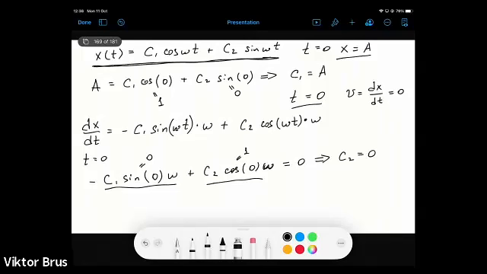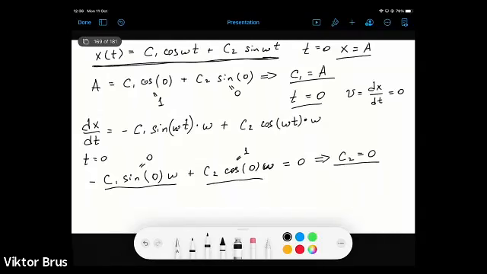So we have already found two constants which were unknown, applying our boundary conditions. So C1 is equal to A, C2 is equal to 0. So now we can write the solution of our differential equation for our particular case, taking into account the differential equation and its boundary conditions.